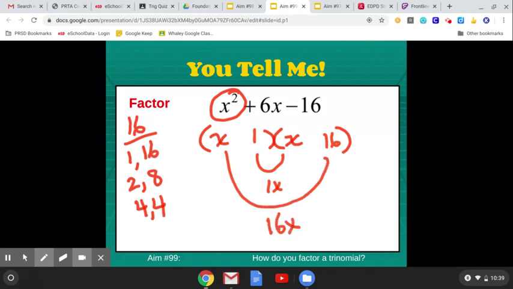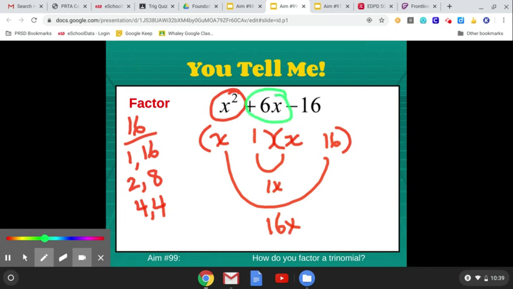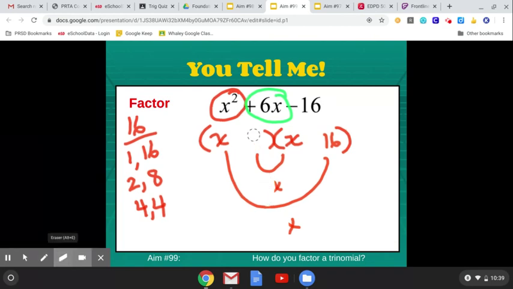Is there any way that 1x and 16x could combine to be this 6x in the middle? I don't think so. So it's not 1 and 16.